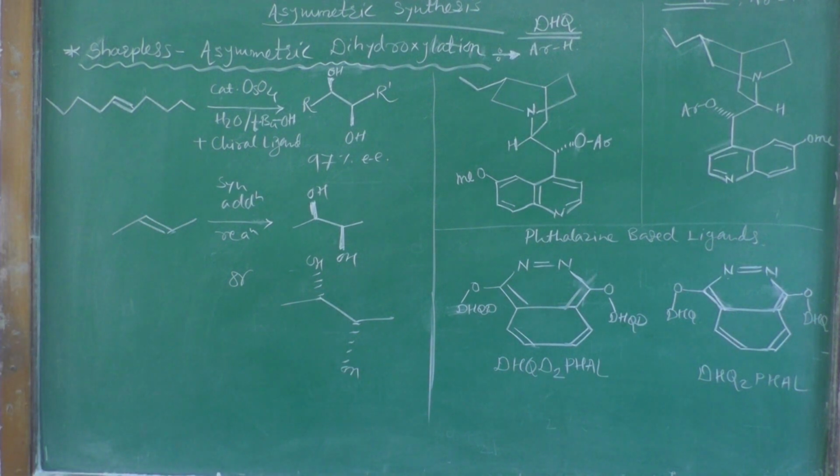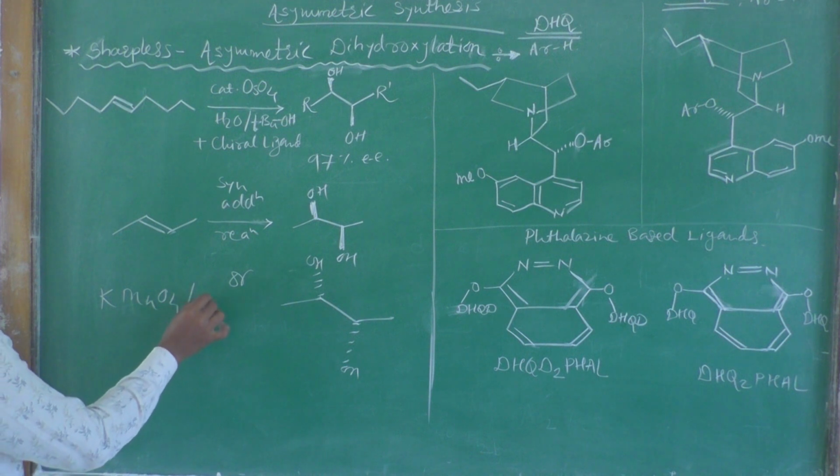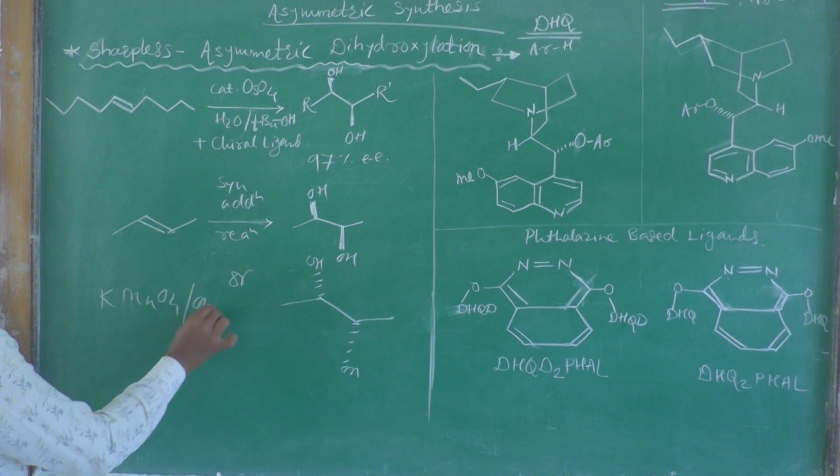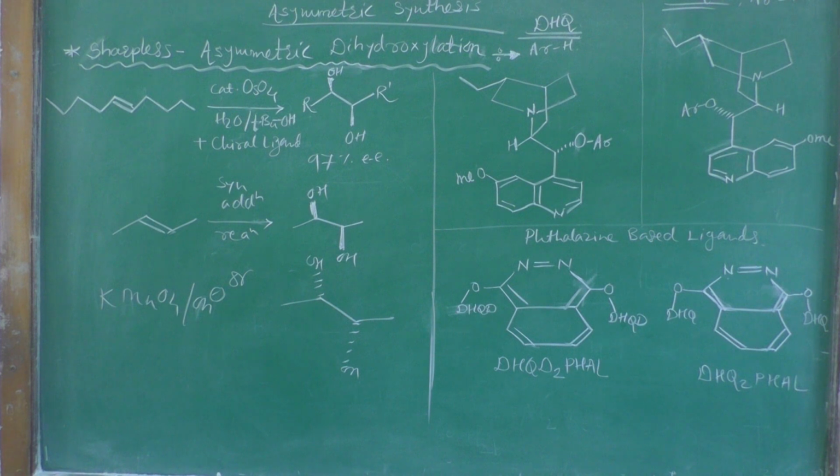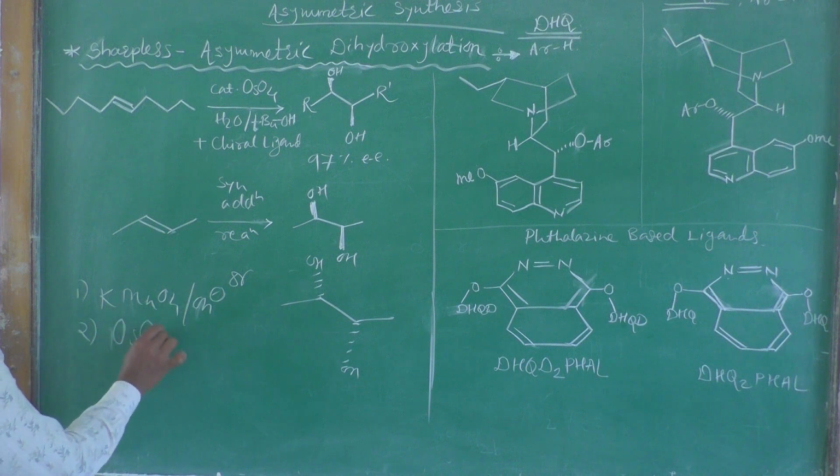One is KMnO4 in alkaline medium, that is aqueous KOH or aqueous NaOH, or the second reagent is OsO4, that is osmium tetroxide.